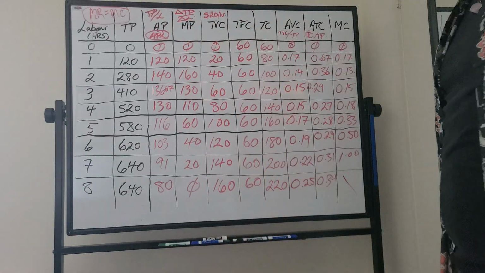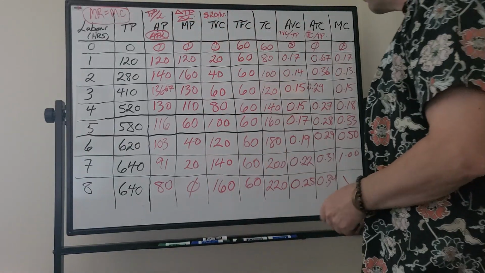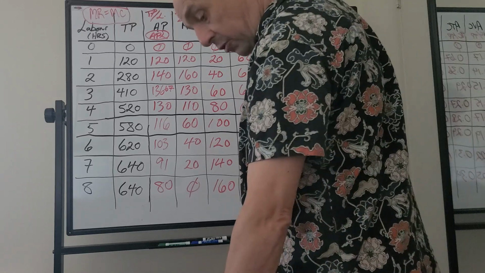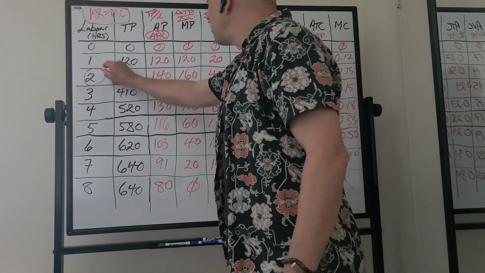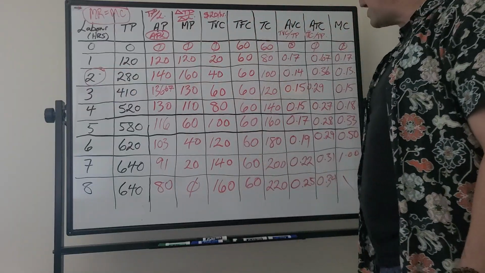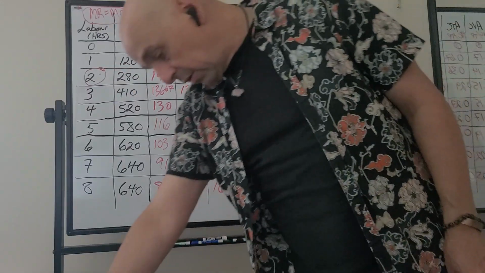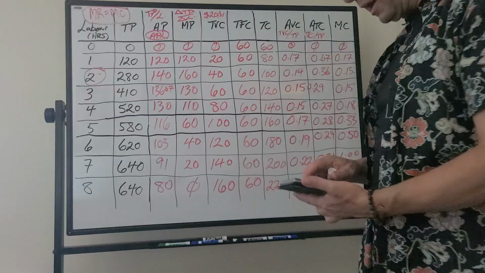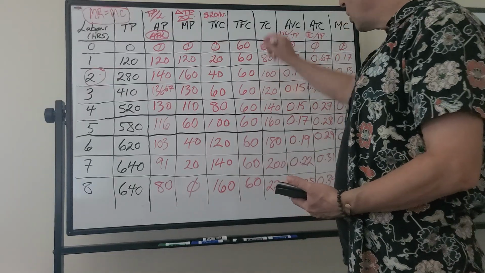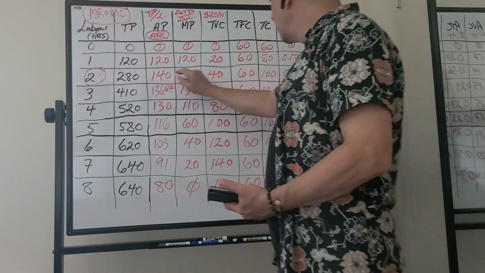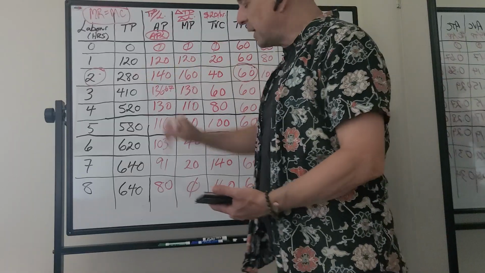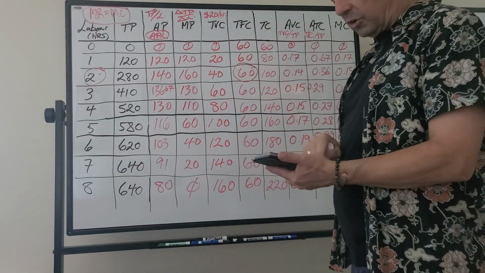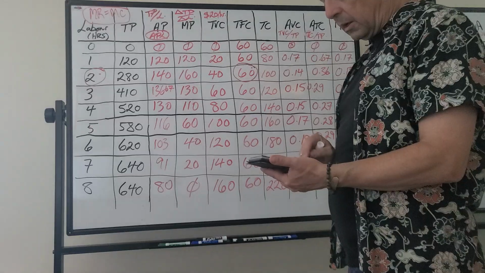What's the average fixed cost at 2 levels of output? Well, at 2 units of input. So at 2 units of input, what is our average fixed cost? AFC, average fixed cost. So we're looking at here. So what is our fixed cost? It's a total of 60 divided by 280. 60 divided by 280.